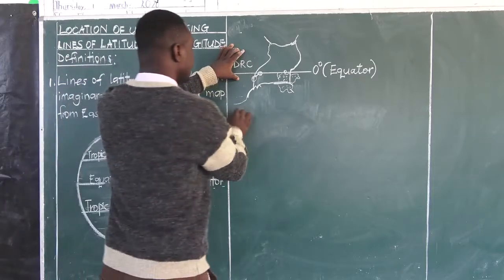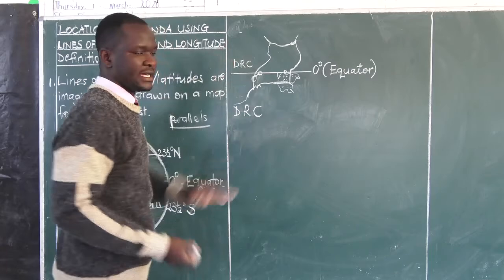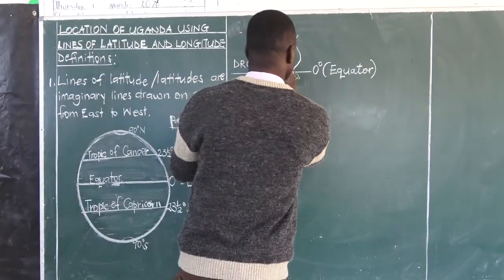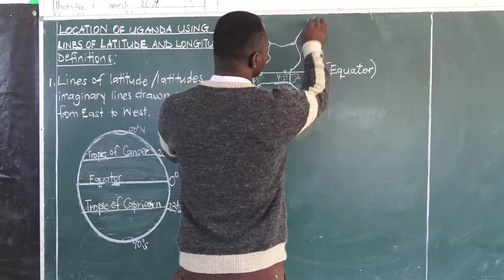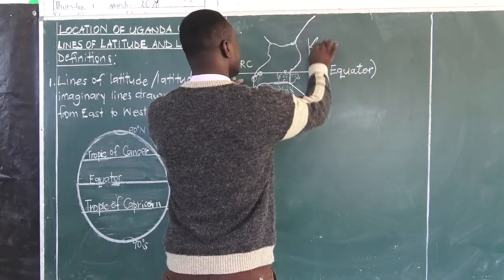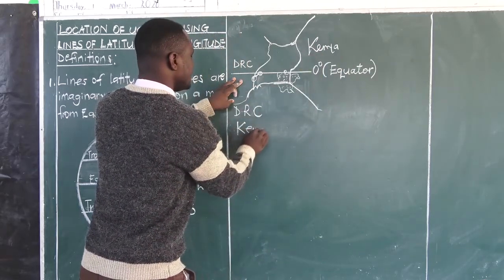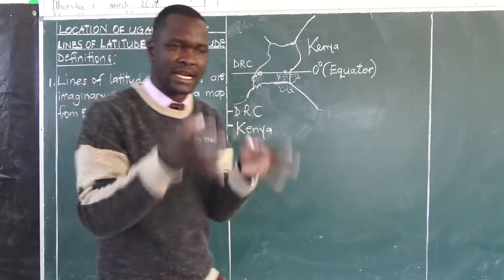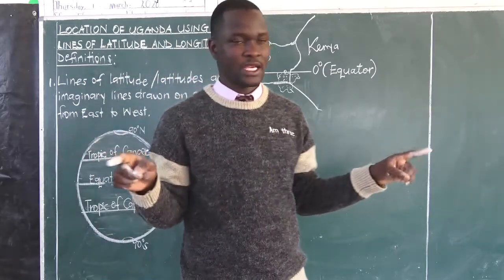So we have Democratic Republic of Congo as a neighboring country to Uganda, which is also crossed by the equator. And then on the other side, in the east, we have this country here, which is Kenya. So we shall also add Kenya here. And for that, we have the neighboring countries to Uganda which are also crossed by the equator.